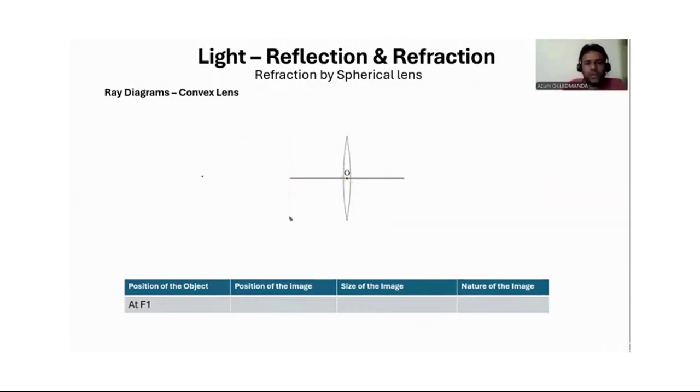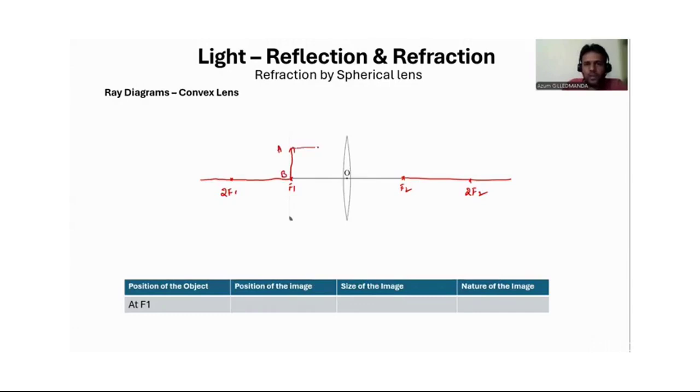What happens if the position of the object is at F1? Let's put our standard diagram. This is F1 and this is 2F1, this is F2 and this is 2F2. The position of the object is at F1, so this is our AB.